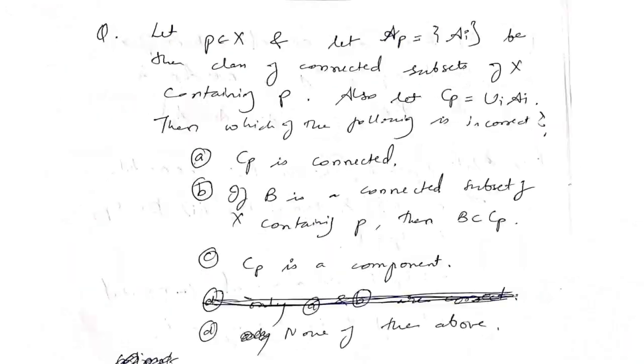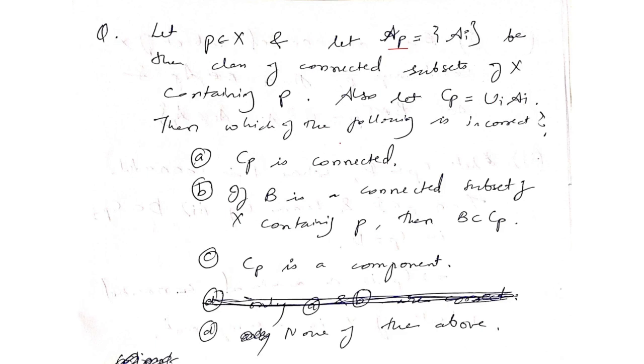So the next question is: let p belong to X and let A_p equal the collection {A_i}, the class of connected subsets of X containing p. Also, let C_p equal the union of all these A_i over i.